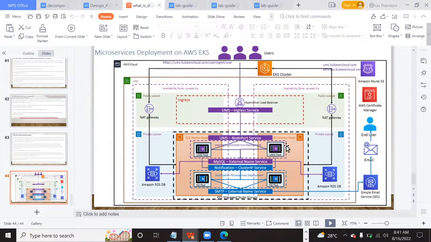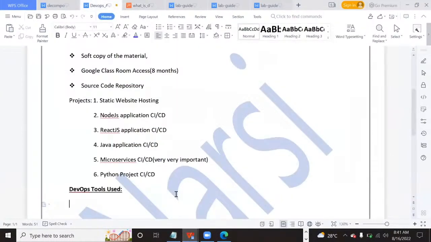Three things: the application, the application connecting to the DB, and the application running in the server. These three things will be deployed in this Kubernetes cluster. Let me take one example, one use case. Assume WSO2, which is an IAM server.